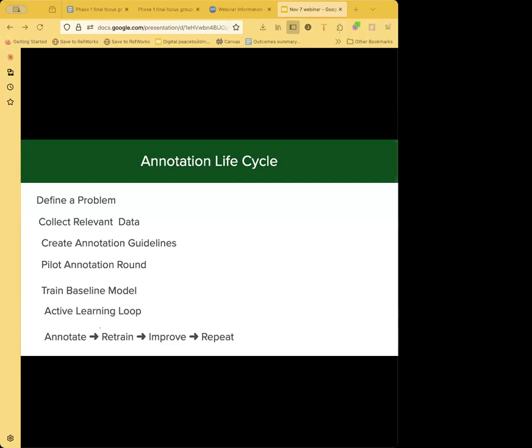After having your problem statement, you then have to collect the relevant data. For example, for us, we mostly used public online content with contextually diverse samples, so across dialect, tone, and different communities in Kenya. After that, you have to create an annotation guideline, which is basically a clear handbook for the annotators: definitions of each label and the decision criteria.